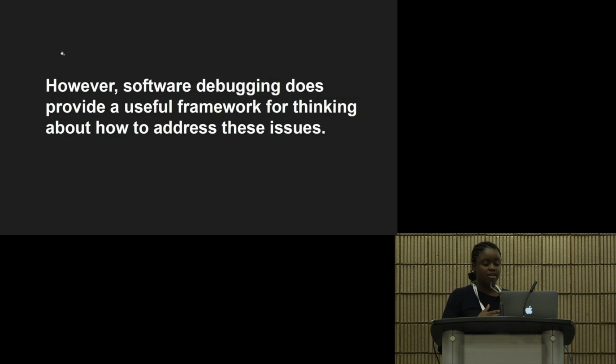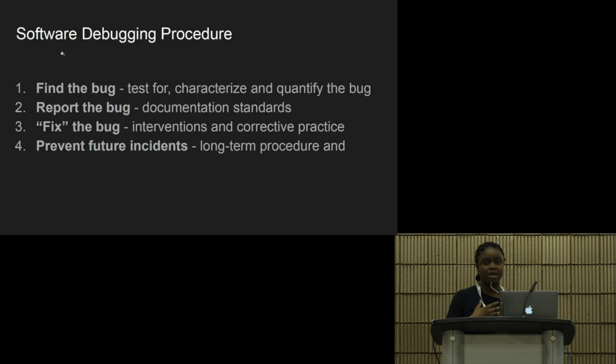That being said, the software debugging process is an interesting analogy, or an interesting way to think about and approach auditing these models for discrimination. There are a lot of steps in the software development cycle and debugging process that can inspire algorithmically auditing machine learning models and commercial APIs for the discrimination that we see, treating the discrimination as a bug for the purpose of identifying it, reporting it, and fixing it appropriately.